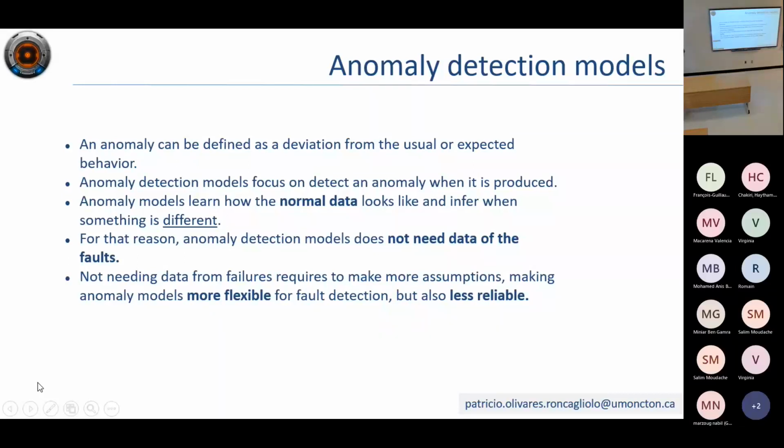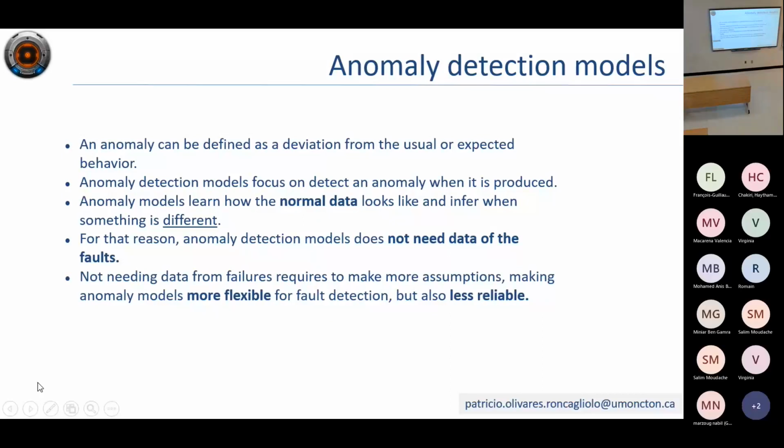I say error because not always will it be an error, but it will be something suspicious at least, and you can work from that point. So the idea is to look at how the normal data looks like and infer when there is something different from that normal data. And that is the reason that anomaly detection models do not need any data from the error itself.